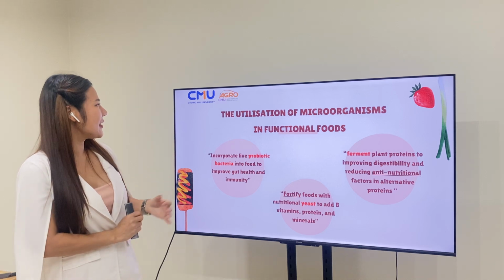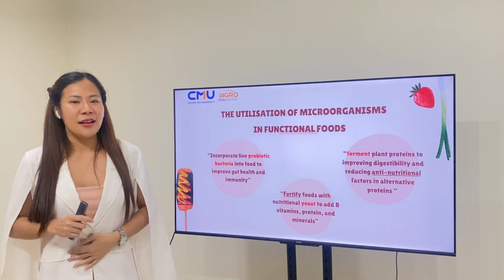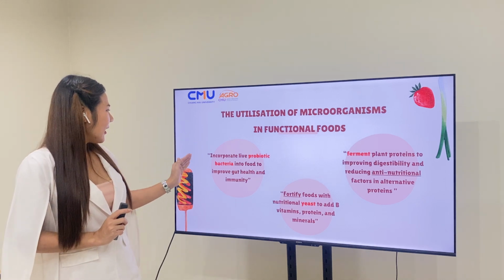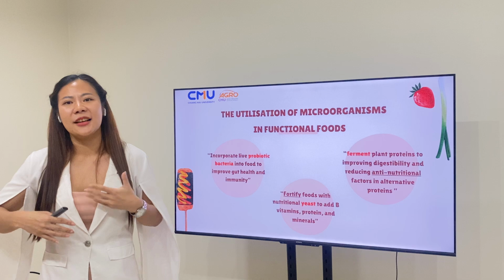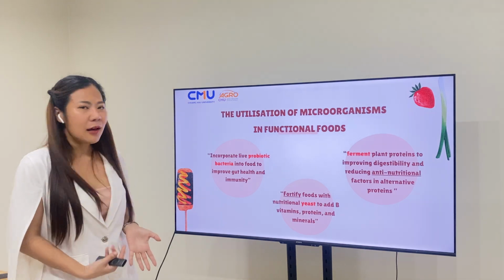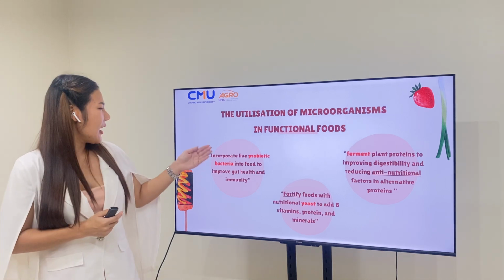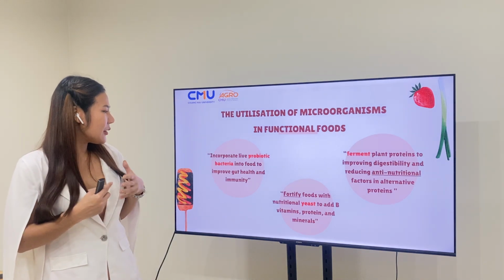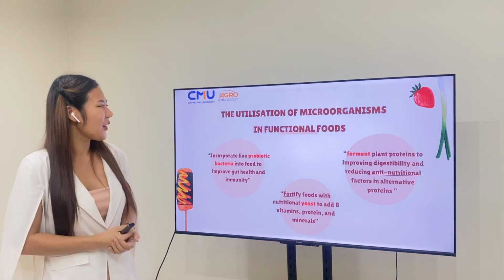Here are the utilizations of microorganisms in functional food. Incorporate live probiotic bacteria into food to improve gut health and immunity, for example, drinking yogurt. Fortify food with nutritional yeast to add more nutrition.